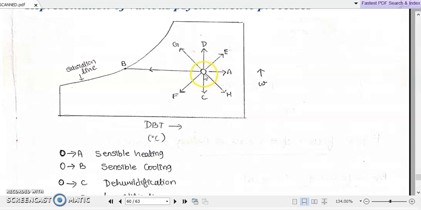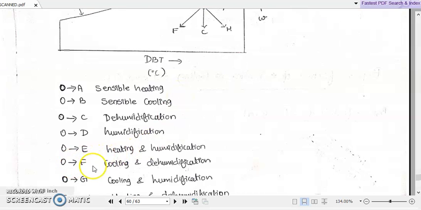Suppose we consider a line just opposite to O to E, that is, O to F. This line O to F represents cooling, because the dry bulb temperature is decreasing, and at the same time dehumidification, because the omega value, or specific humidity, is decreasing. So O to F represents cooling and dehumidification.